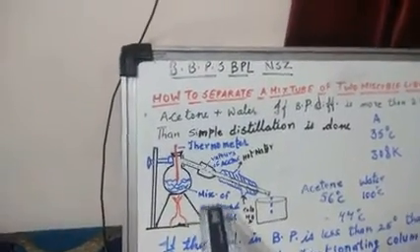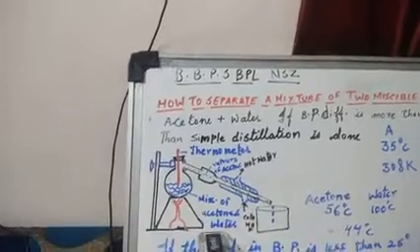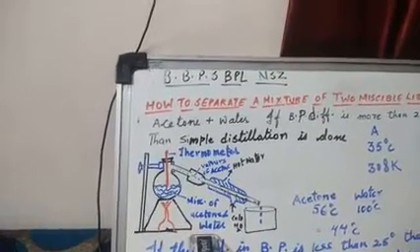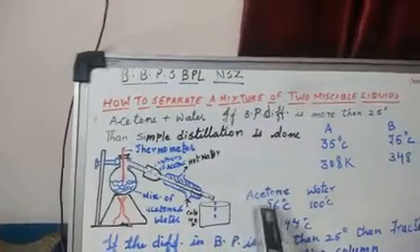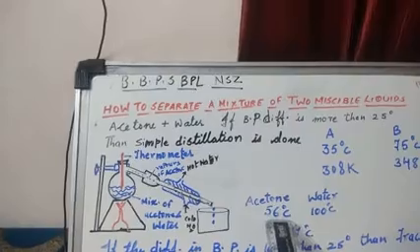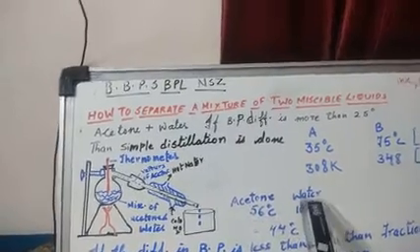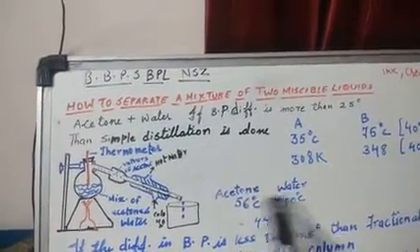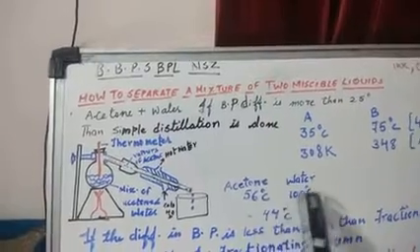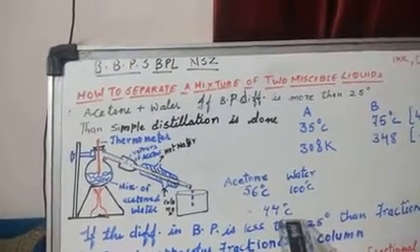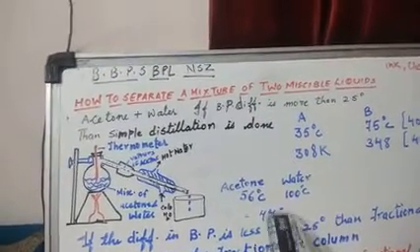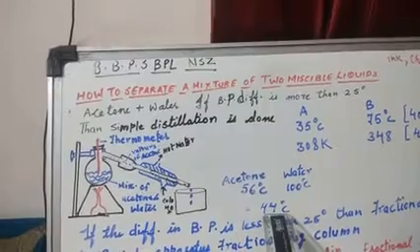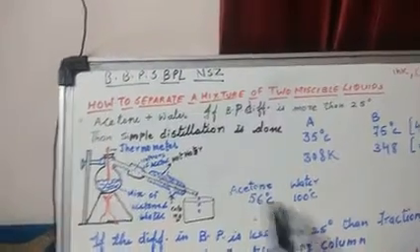Why am I taking this mixture here? Because acetone and water possess a higher boiling point difference. Here I have written acetone is having 56 degrees Celsius. Water, you are knowing students, boils at 100 degrees Celsius. So the difference in boiling point temperature is 44 degrees, isn't it? So more than 25, that's why we are performing which distillation?